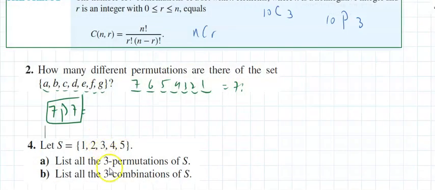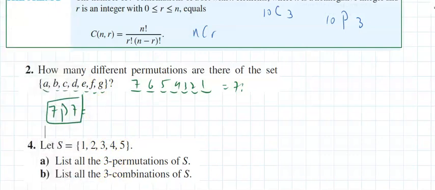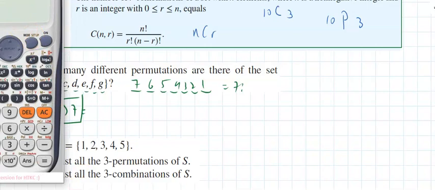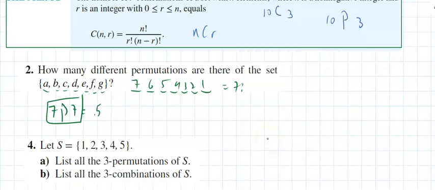If you have a calculator like this, you have to find the keys, and they're right there, nCr, nPr. So if I want 7 nPr 7, that's 7 factorial, which is 5040. Again, for a test you could leave it in terms of nPr and nCr. For the homework, you should evaluate it to make sure that you're doing this correctly.